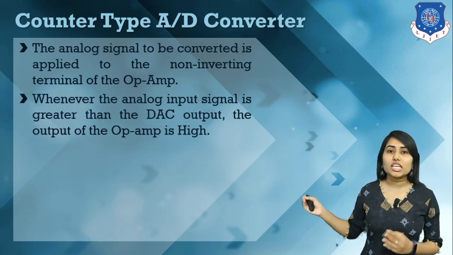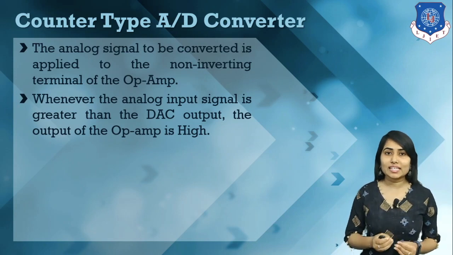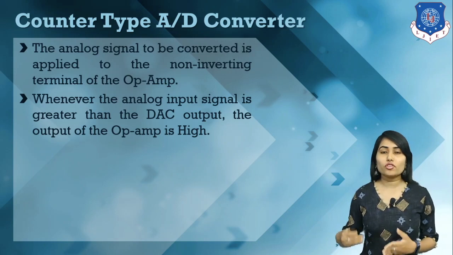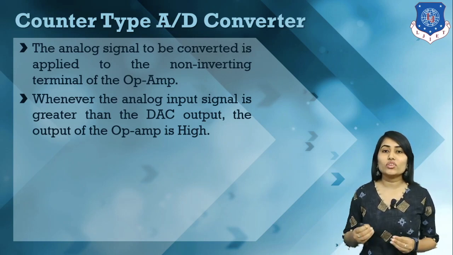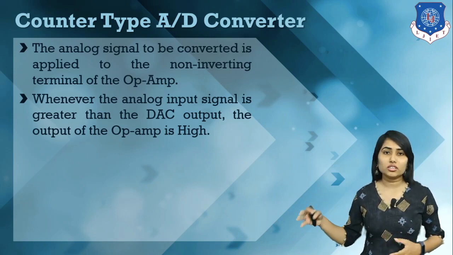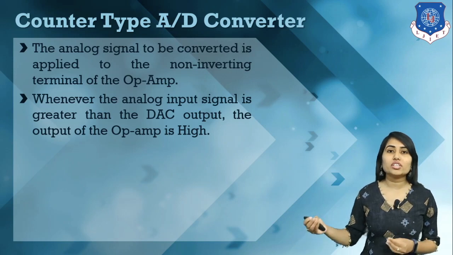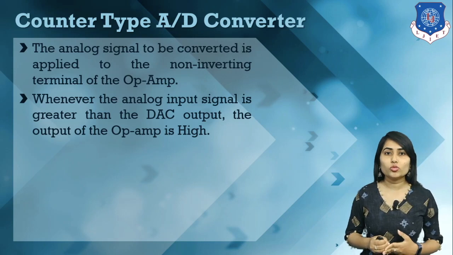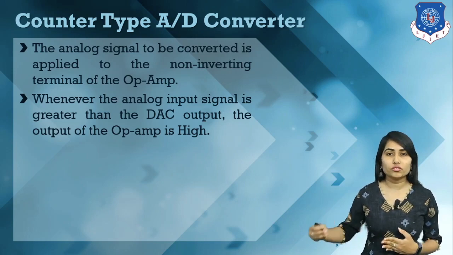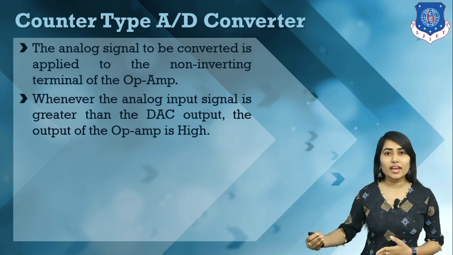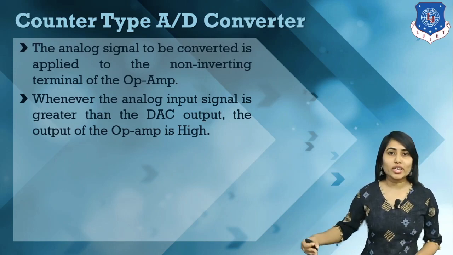Now whenever this input voltage is greater than the analog output calculated from the digital to analog conversion, we have a high signal to our AND gate, which is our logical circuitry. So whenever the input voltage is greater than the digital to analog output, we have a high signal at our AND gate, so our counter can calculate the values.